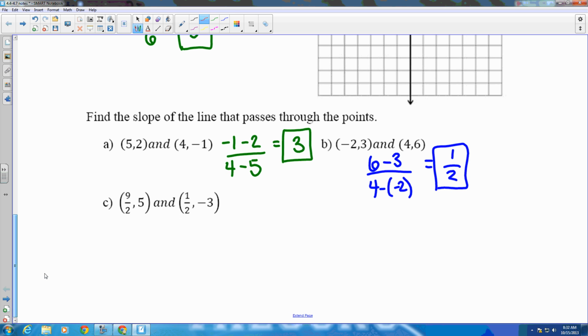They have to be fractions. For b, -3 minus 5 over 1/2 minus 9/2, simplify, it comes out to 2. So if you were to write part B as 0.5, it would be wrong. You need to write it as a fraction because that helps us figure out what rise over run is. We know that rise is 1 and run is 2. So we wouldn't have known that if it was just 0.5.